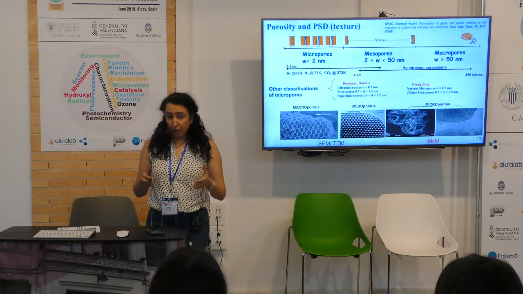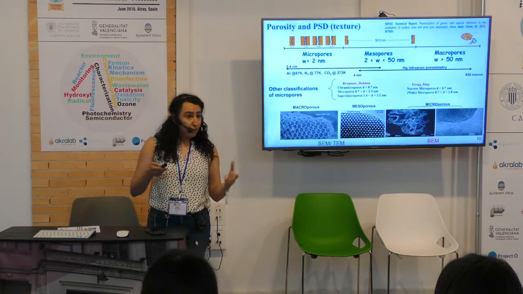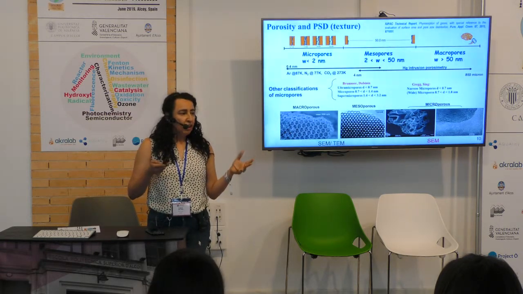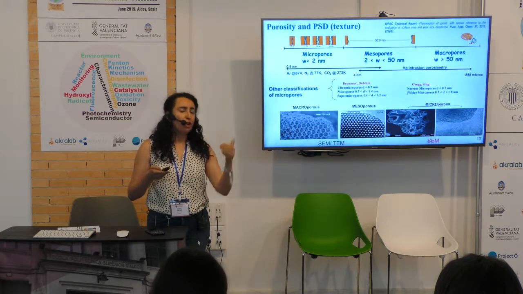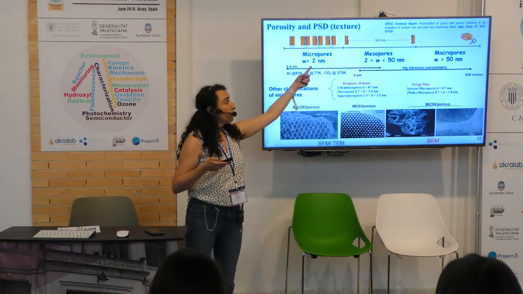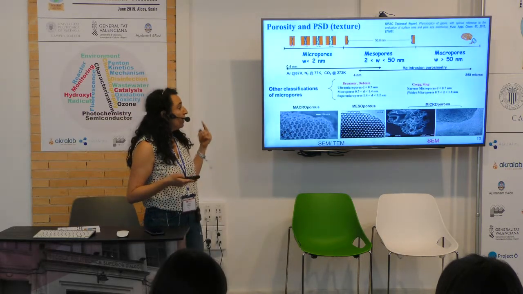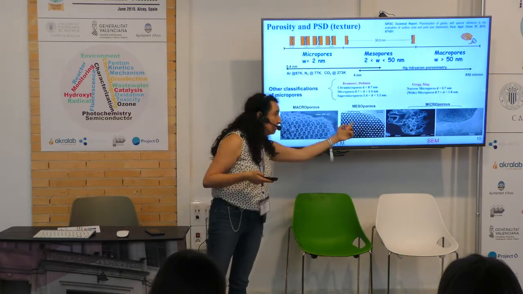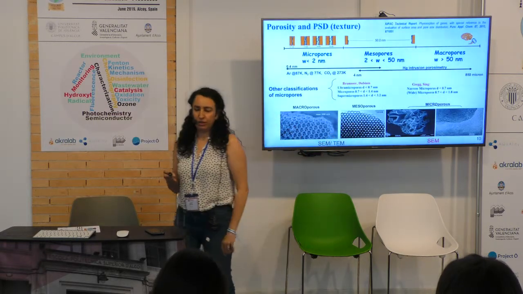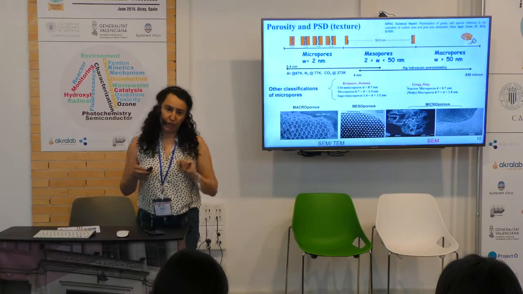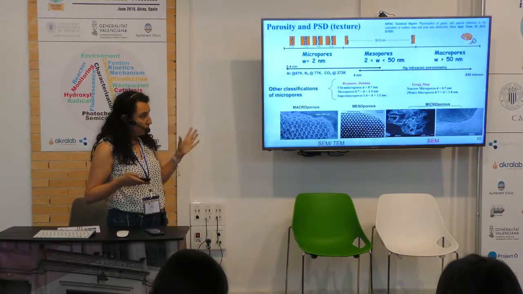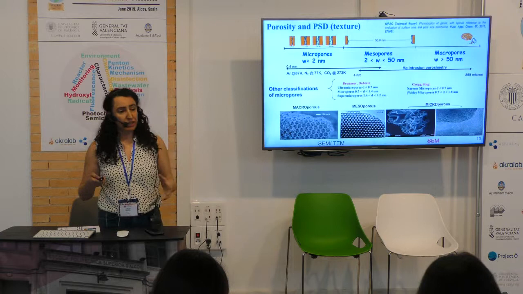So remember, with an SEM, even if it's a FIB-SEM and you have a strong resolution, you cannot go lower than 400 nanometers. And micropores are smaller, so you will never see them. Even by TEM, you can see macropores, you can see mesopores, and it's very hard to see micropores, lower than 2 nanometers. So you have to use different techniques.